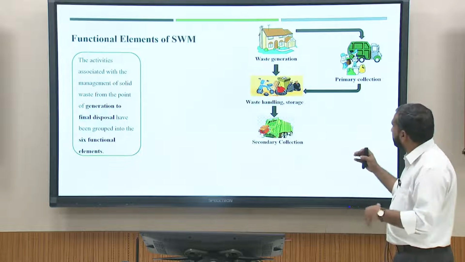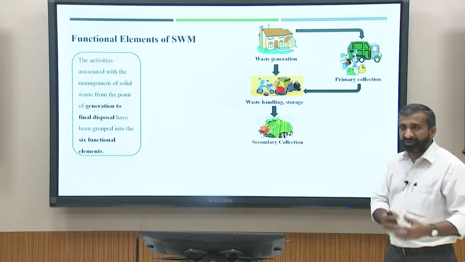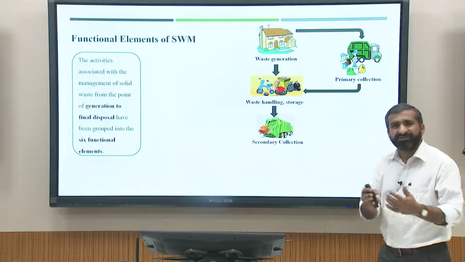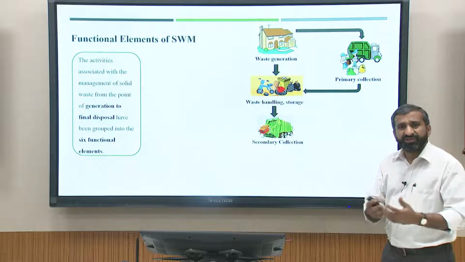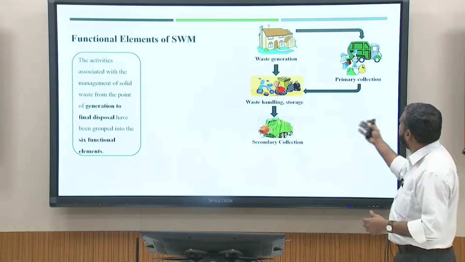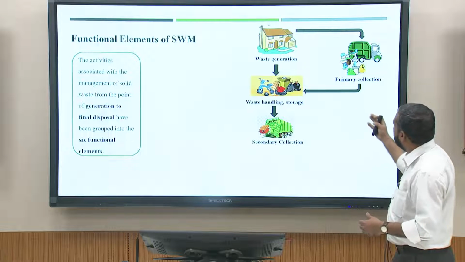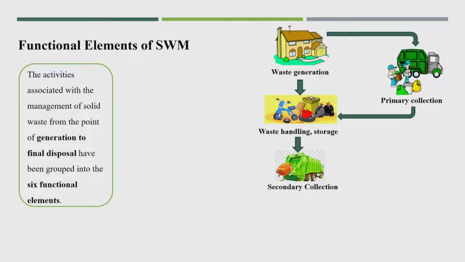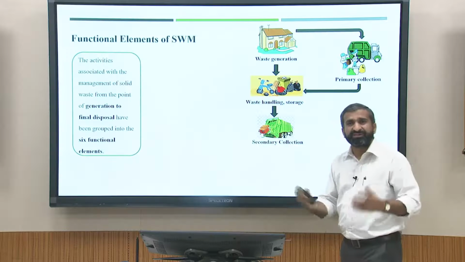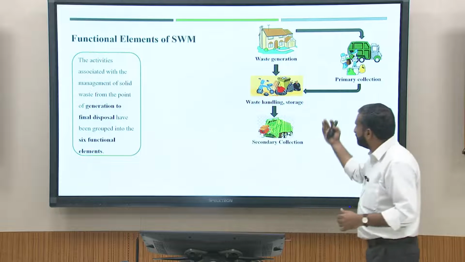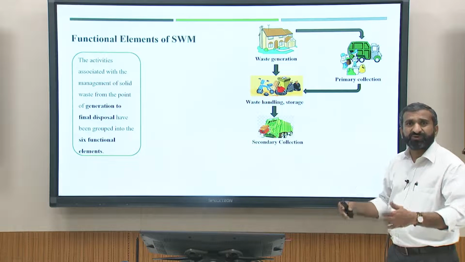A crew member from the corporation or from NGOs comes to your house and collects the waste; we normally call that the primary collection. The primary collection crew disposes the waste into the dustbin area, and from the dustbin, bigger vehicles that can take 1 ton, 2 tons or 3 tons of waste take it from the storage area.